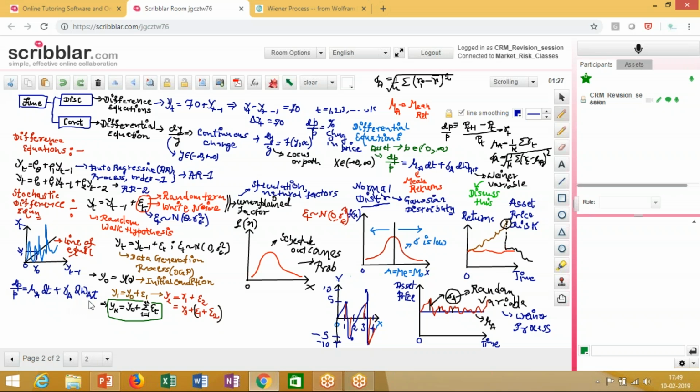Now, why this dW t? So it says that this sigma that you are saying is an average figure, right? But there are randomness, or there are movements, or even changes in this variation. So how do I incorporate these changes? What I'm saying is you can incorporate this change by a random variable over here, a variable which is representing a Brownian motion, right?